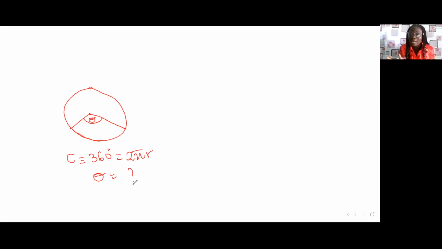If the whole circle, 360 degrees, is giving me 2 pi r, part of it will give us a smaller amount. So if less, we divide. We are going to have theta, that's the angle here, theta over 360 degrees times 2 pi r.